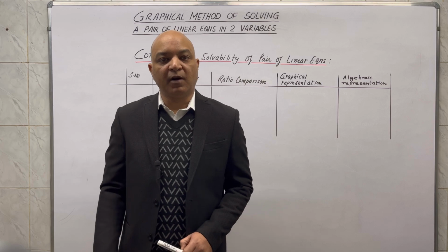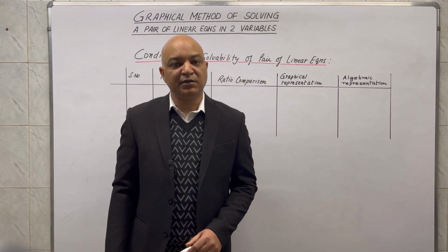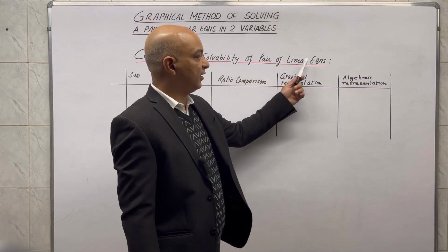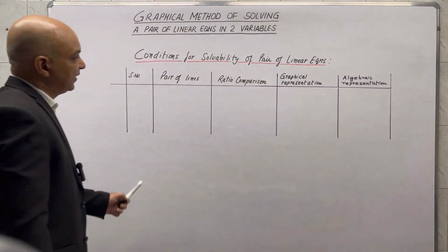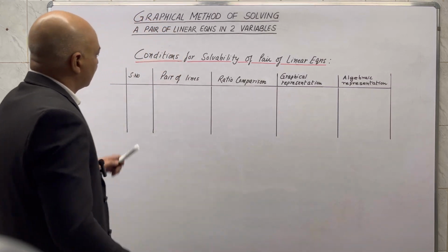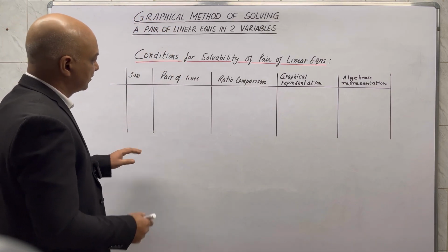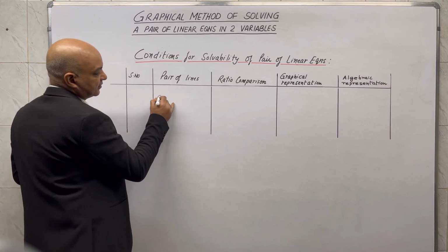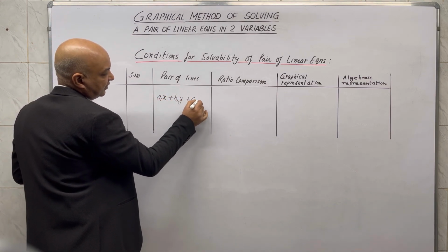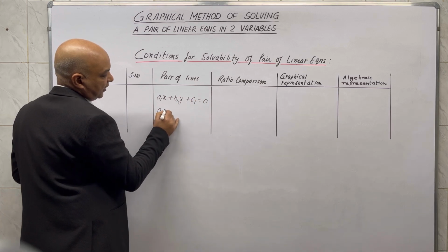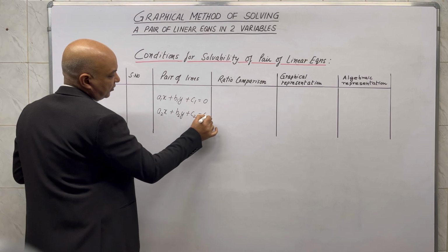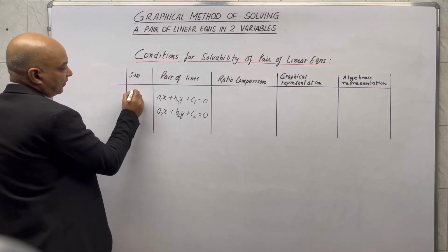Next, let's talk about the various conditions for solvability of a pair of linear equations. As you can see in this table, we have three possibilities for a pair of lines given by a1x plus b1y plus c1 equal to 0 and a2x plus b2y plus c2 equal to 0.